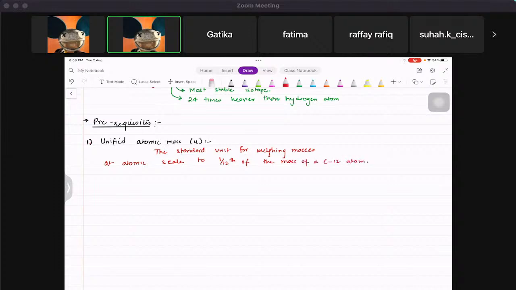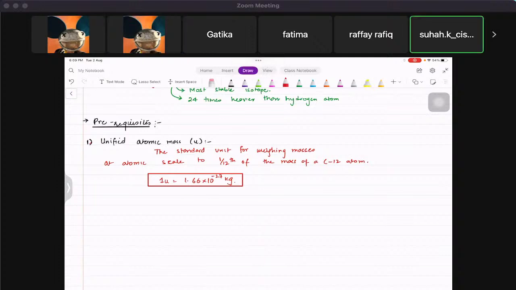So basically, this number that you learned in AS, 1U, which was 1.66 times 10 raised to power minus 27 kilograms, means that it is 1/12 of the mass of carbon 12. Is it clear, everybody? Yes, sir.